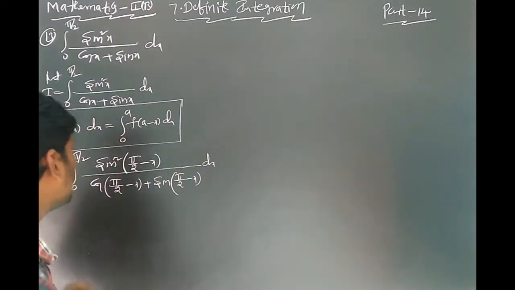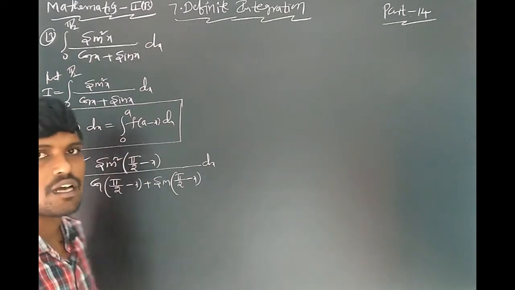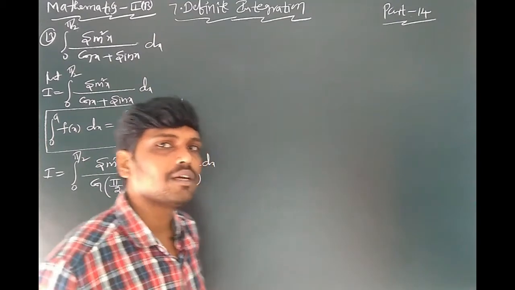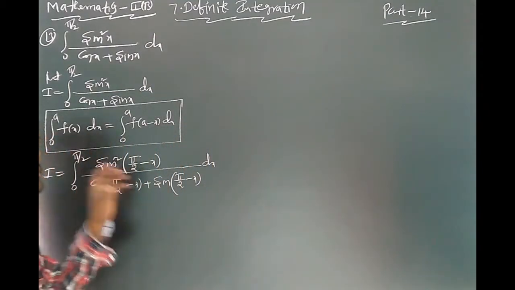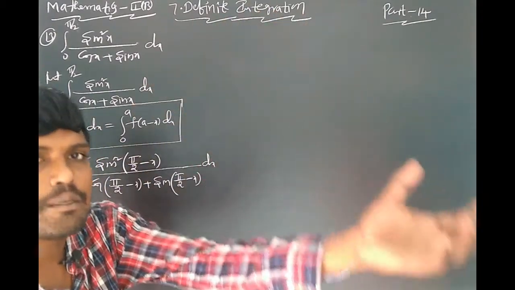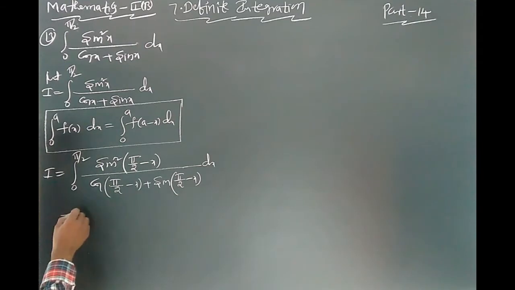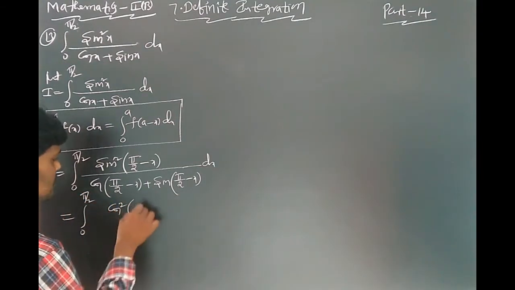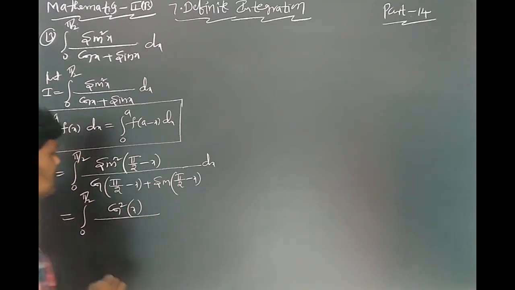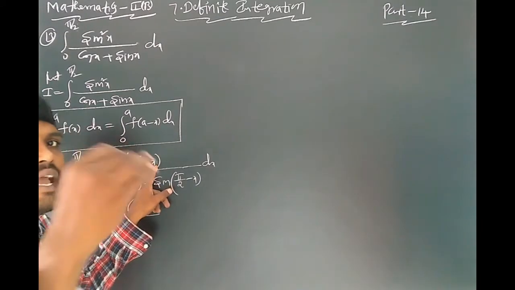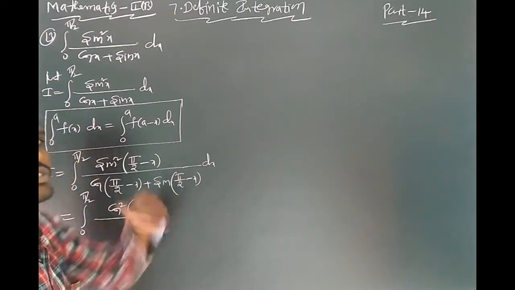After that, 90 minus theta: in the first quadrant sin and cos both are positive, 90 is an odd multiple, so sin changes to cos and cos changes to sin. That's why you can write integral 0 to pi by 2 cos square x. Correct or not, students?